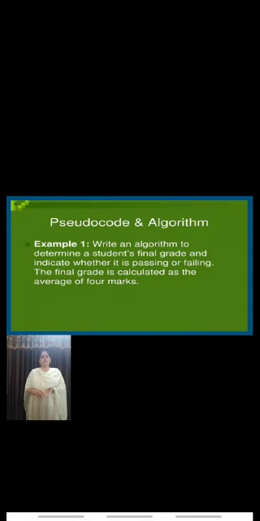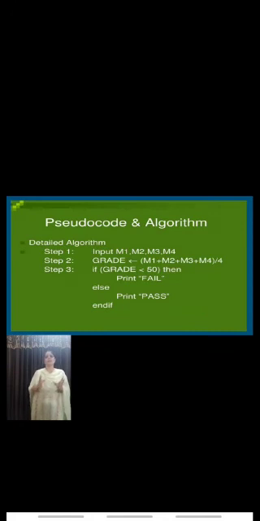Now, the next algorithm is to determine a student's final grade and indicate whether it is pass or fail. The final grade is calculated as the average of 4 marks. Now, in this, we take 4 subject marks as M1, M2, M3 and M4.